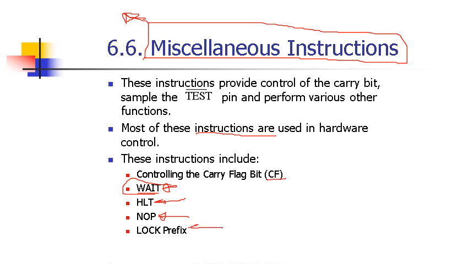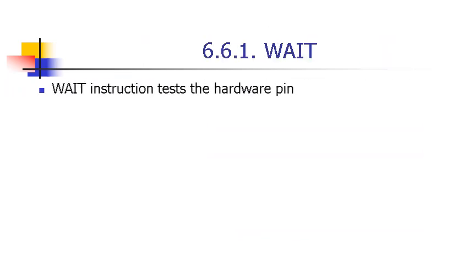Lock prefix, if you need to skip some instruction from being executed, you prefix it by this phrase, lock, L-O-C-K. And escape makes your system leave the code which is running and pay attention to what you need to do. Okay, so this is wait.